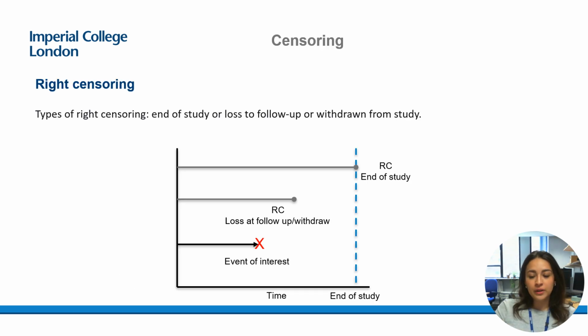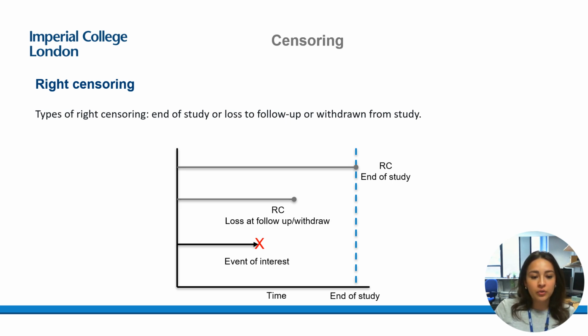So I will go through each different type of censoring in the next few slides, but firstly, the most common type of censoring is right censoring, and this occurs when a subject or a participant leaves the study before the event occurs, or if the study ends before the event has occurred, as well as, as I mentioned before, if the patient has died, only if we're not looking at mortality.